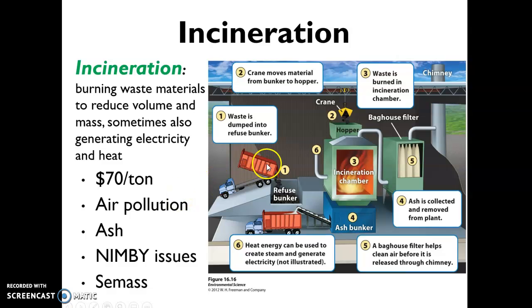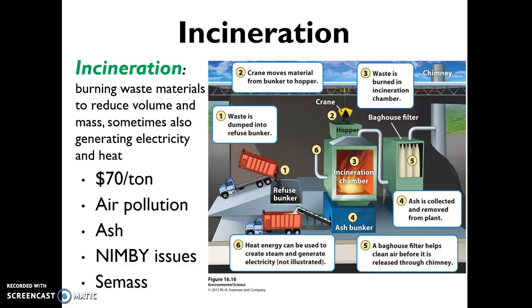So in a typical situation for incineration, the waste in our case is brought either by truck or by the 6A train, the trash train, and it's dumped into a refuse bunker. And then you have the crane. Well, actually in the CMAS plant, they separate out all of the materials that are not going to be burned.